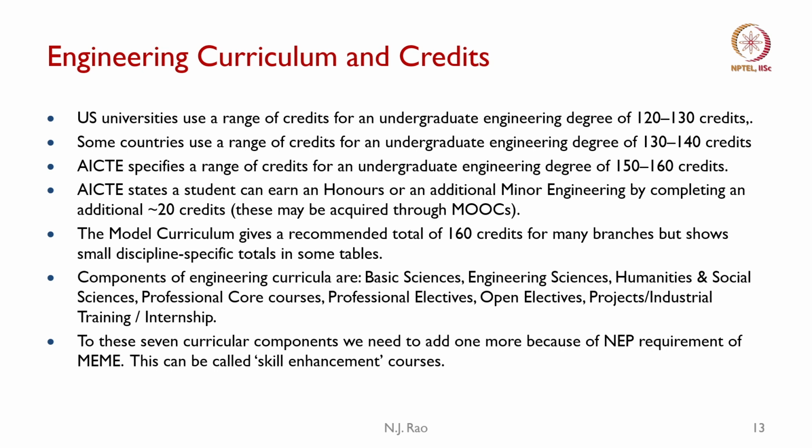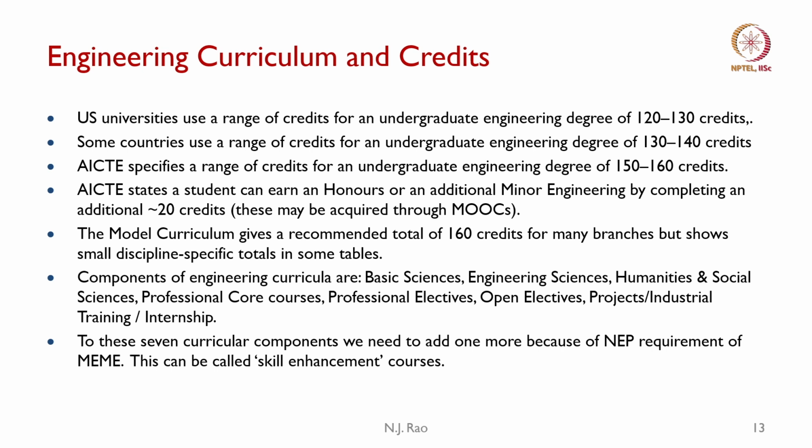Some colleges have already introduced that, but they set some rules about who can go for these extra 20 credits. If the student is already performing very poorly, he cannot just go for an additional 20 credits. So each college sets up its own rules in terms of permitting students to take these additional 20 credits.